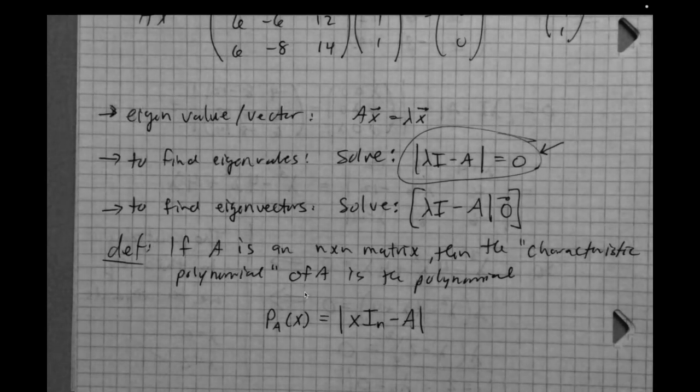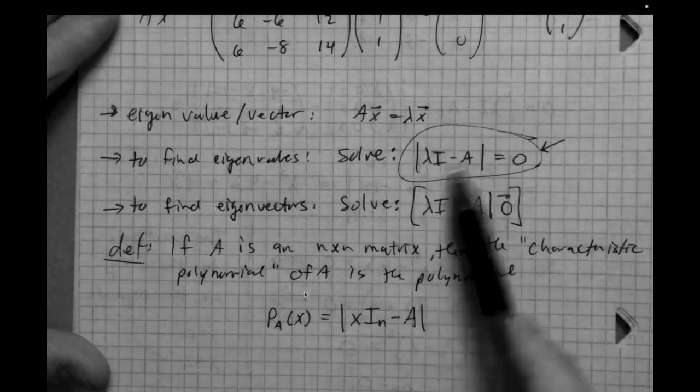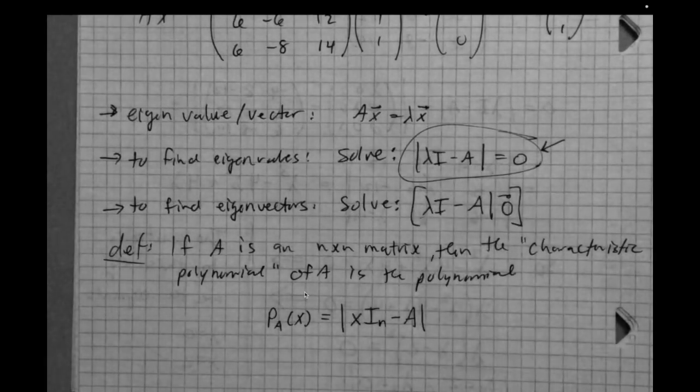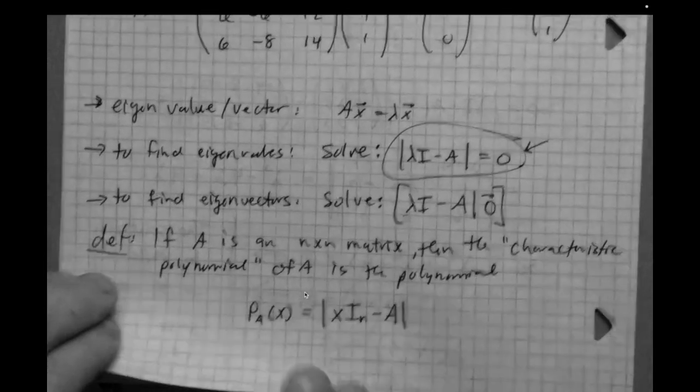Okay, and so this expression has a name. It is called the characteristic polynomial. That's one side of it. When you set the characteristic polynomial equal to 0 in this equation format, the roots of that equation are the eigenvalues of A. Obviously, if A is n by n, you can probably guess what the degree of the polynomial ought to be.